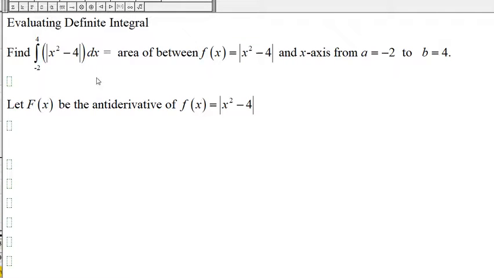And so first we need to get the antiderivative for the function f of x equal to the absolute value of x squared minus 4. And so first, let's rewrite this using the definition of absolute value before we can find the antiderivative.